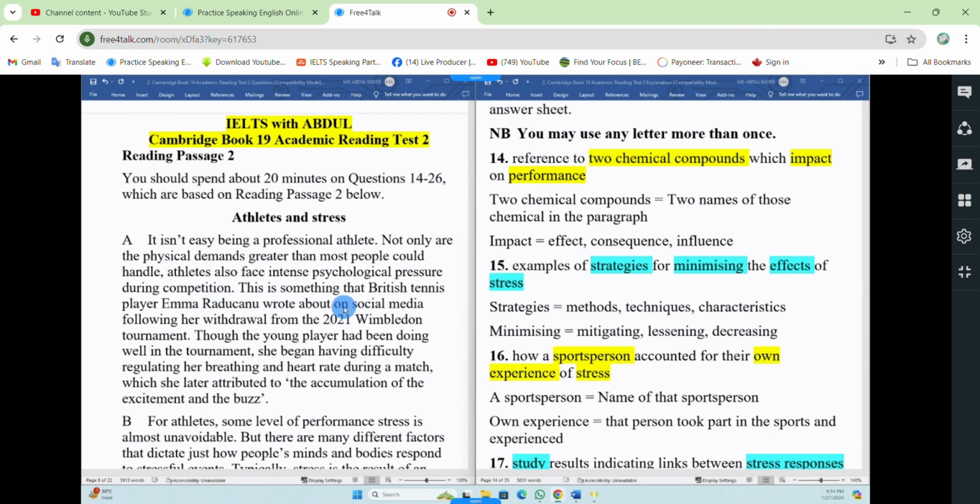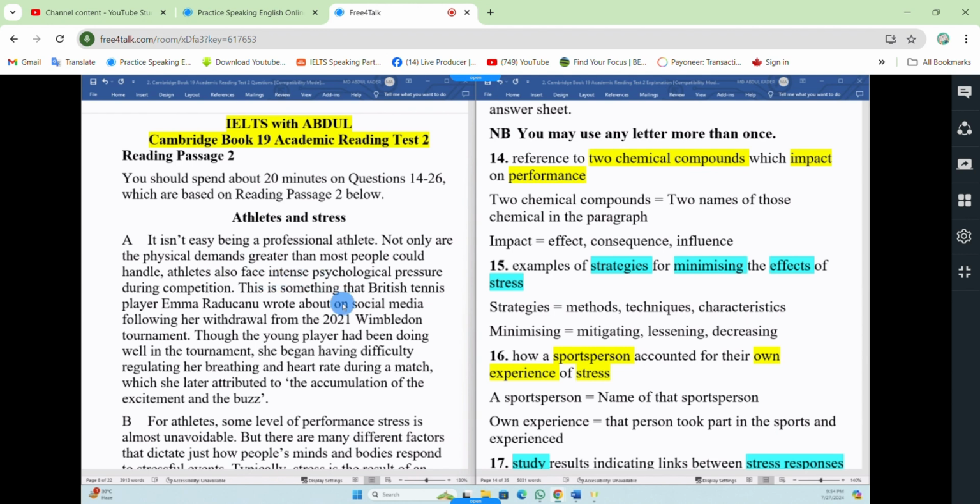So to become a successful athlete, a successful sports person, you should have fulfilled the physical demands. That means your physical health should be fit for the game or sport, greater than most people could handle.